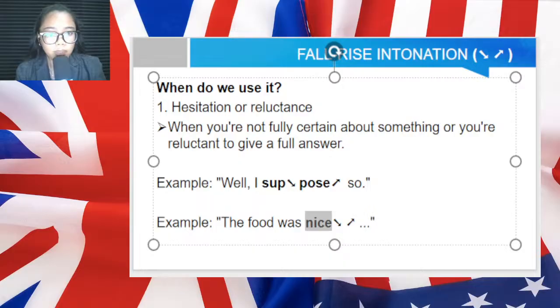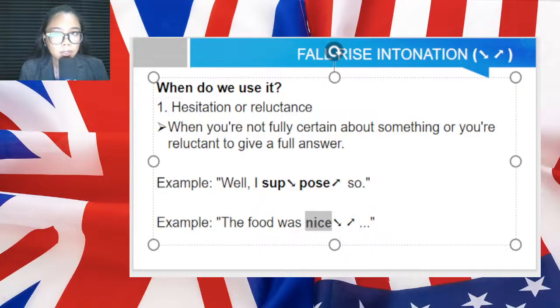Okay, so through these examples, everyone, it becomes evident how fall-rise intonation, with its unique dual movement, precisely communicates subtle internal states of hesitation or reluctance.